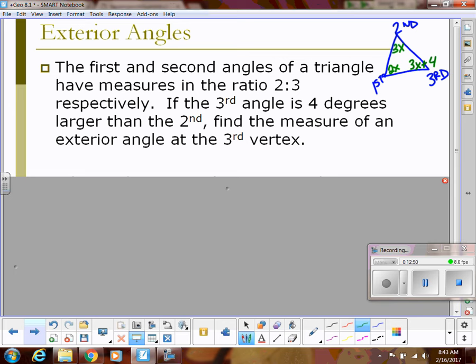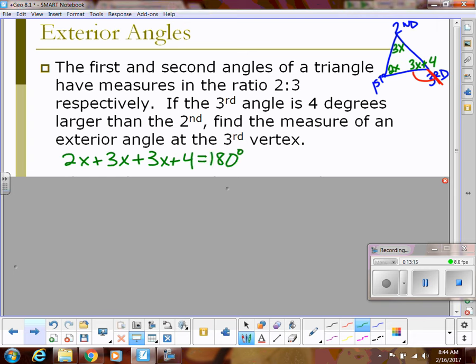Okay, so we're going to find the measure of an exterior angle at the third vertex. So we're looking for this exterior angle right here. First we need to find x. Wouldn't you agree? So we know that 2x plus 3x plus 3x plus 4 should total 180, right?